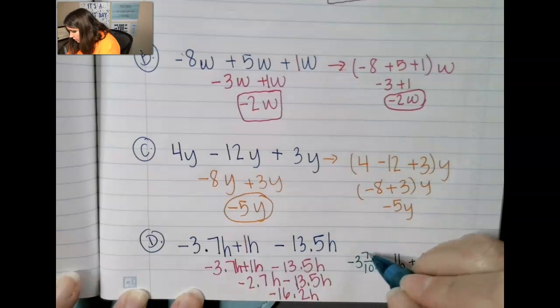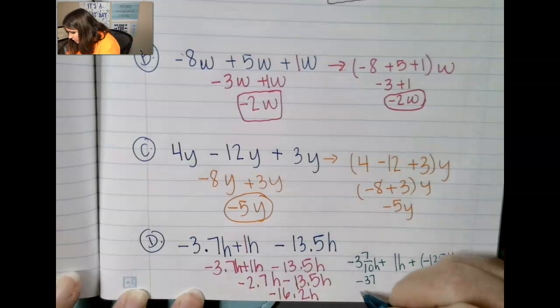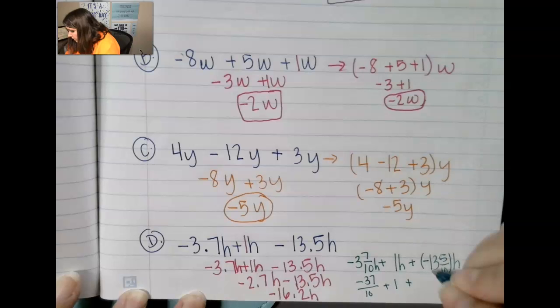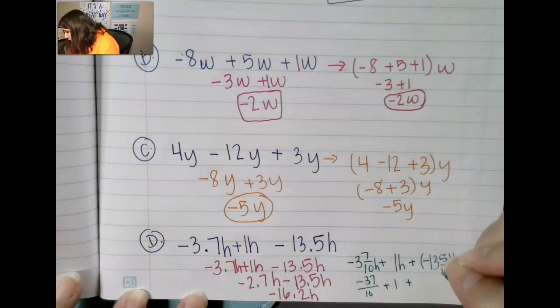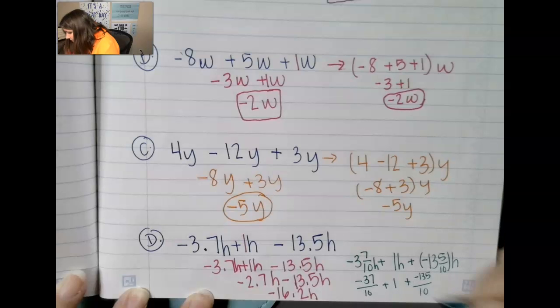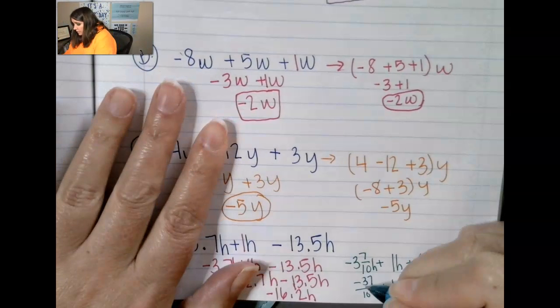Convert this, so 37 over 10 plus 1 plus 10 times 13 is 135, negative 135 over 10.